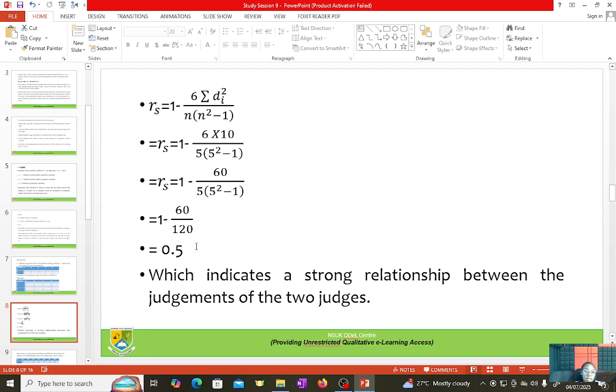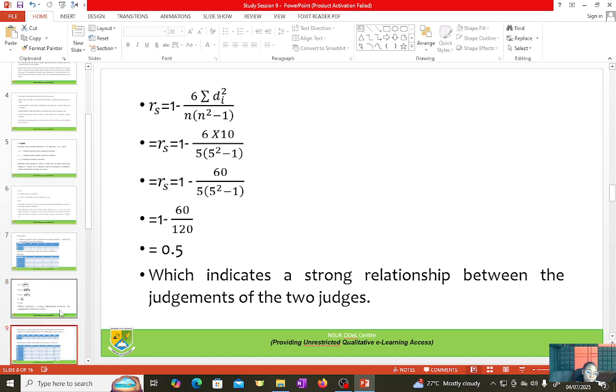And 1 in the interpretation of the Spearman's correlation coefficient indicates a strong relationship between judge X and judge Y. So you can conclude that there is a strong relationship between their judgments. That's the conclusion from this particular result.